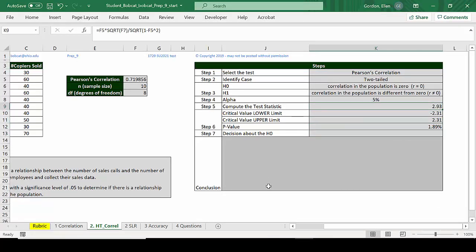Our test statistic, which is 2.93, is greater than our upper critical value, 2.31. Since we have a positive test statistic, we compare it to the upper critical value, and our test statistic is greater, so we are going to reject the null.